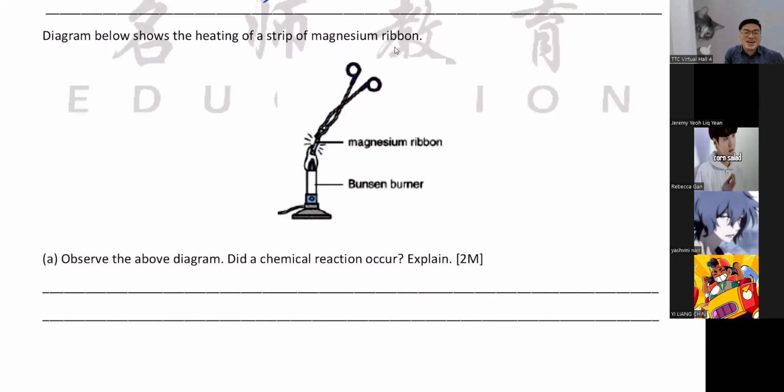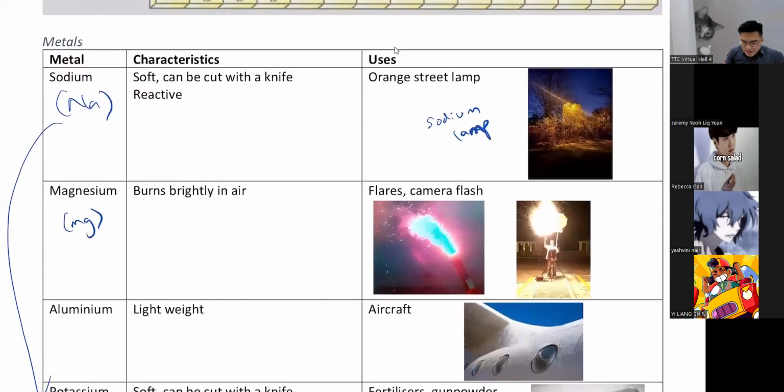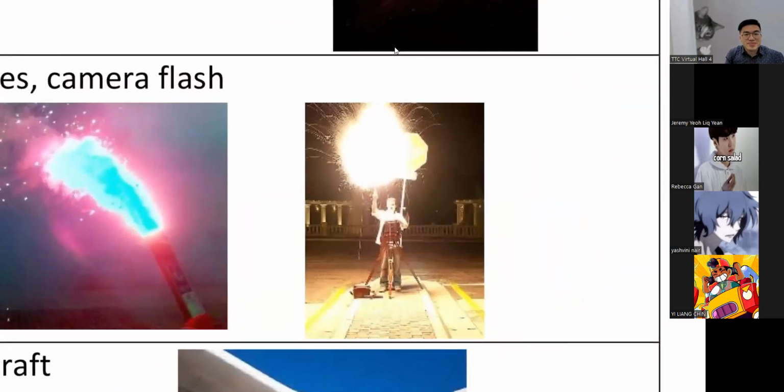Why become God for 10 seconds? Hey, this thing was used in where, you know? They were used in your camera flash. Let me show you this one. This was the camera flash last time. This is magnesium lah.